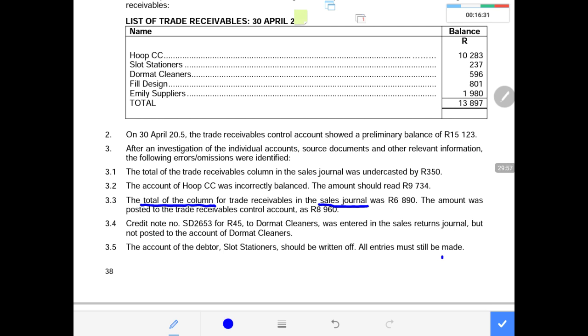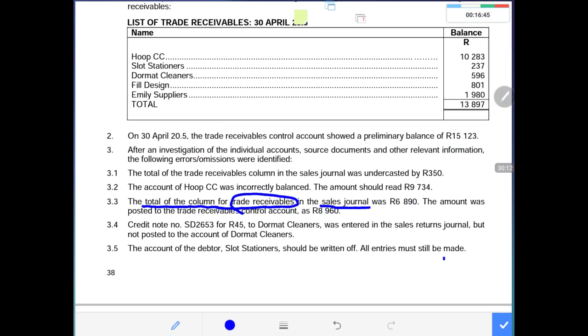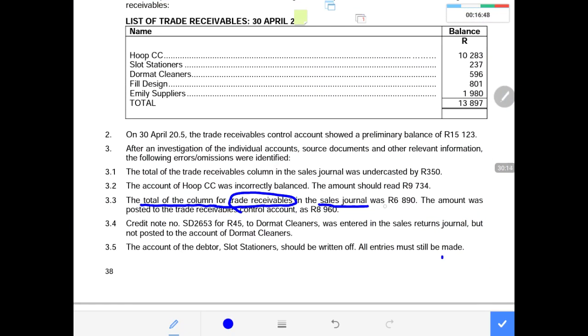Now let us read again. The total of the column for trade receivables in the sales journal, that means exactly this column of trade receivables in the sales journal. What are they saying about this column? They are telling us that this column was 6,890. The amount was posted to the trade receivables control.